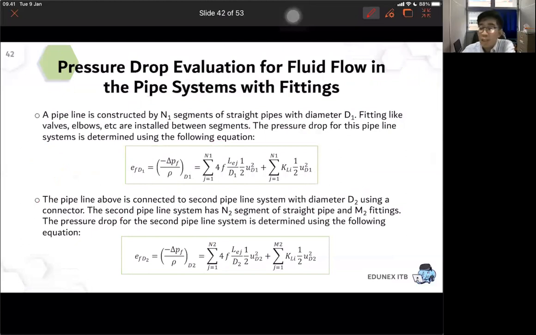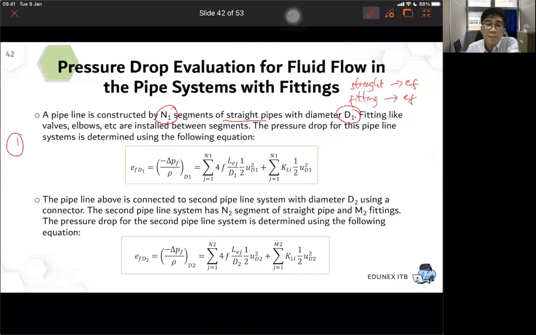Fitting will also have EF, right? So when you have a very long pipe, for example, the first segment consists of N1 straight pipes with the same diameter, D1.